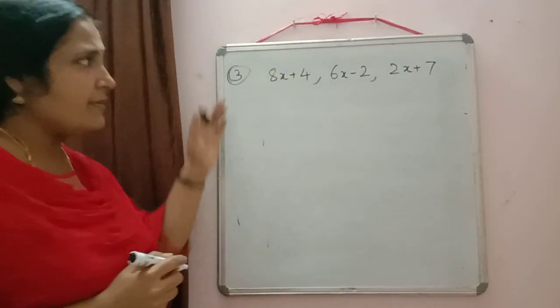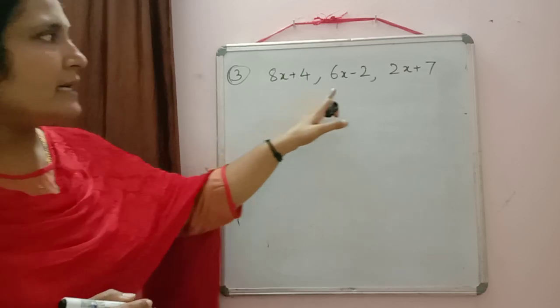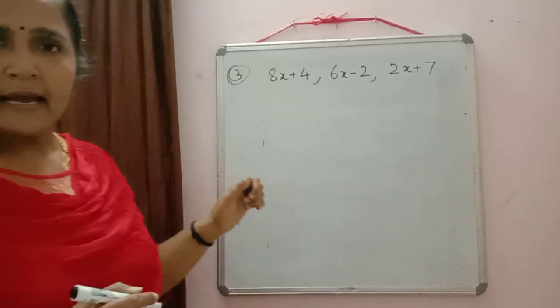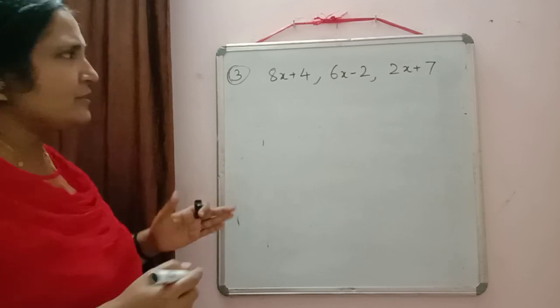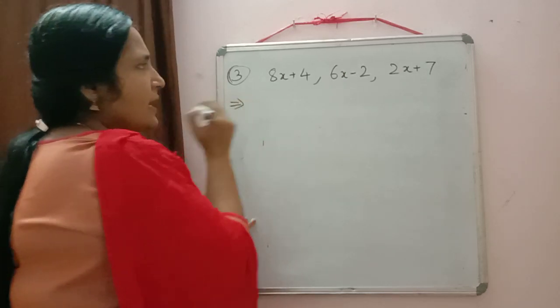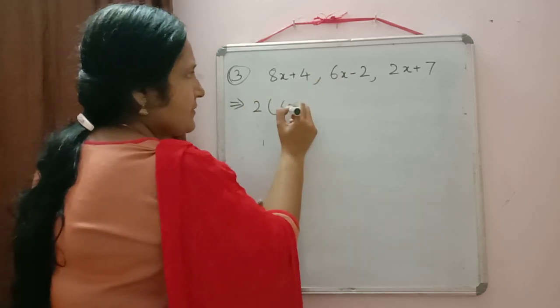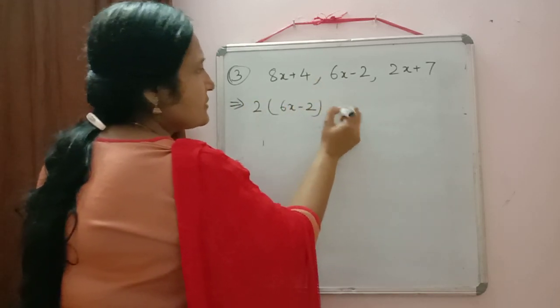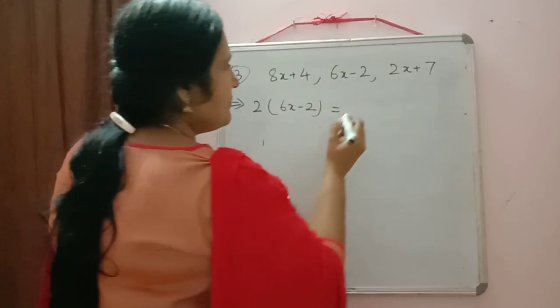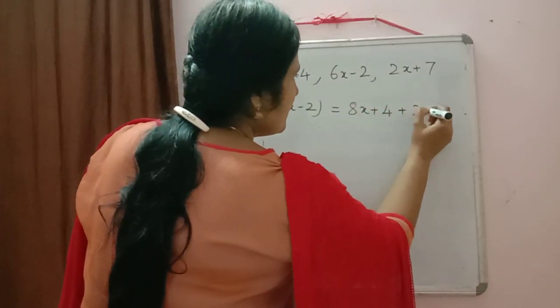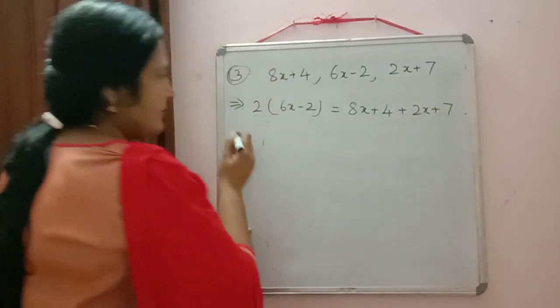Find x if 8x plus 4, 6x minus 2 and 2x plus 7 are in AP. All of you start doing. Do with me there. So we know if they are in AP, 2 times the middle number is equal to sum of first and third number.